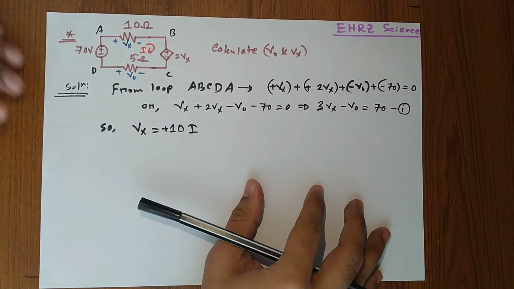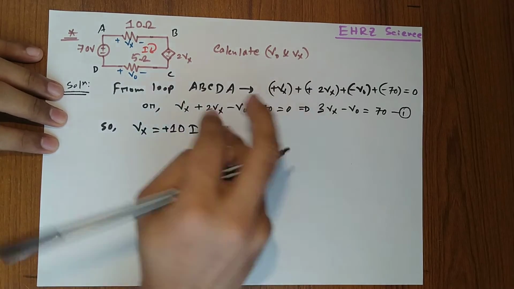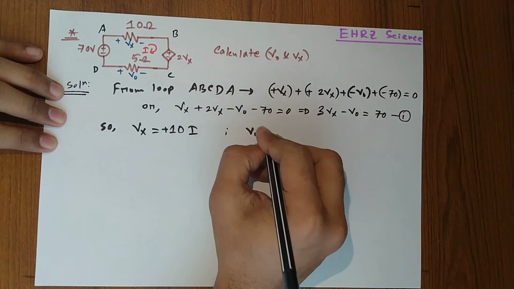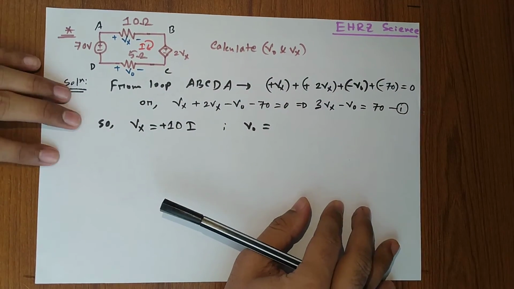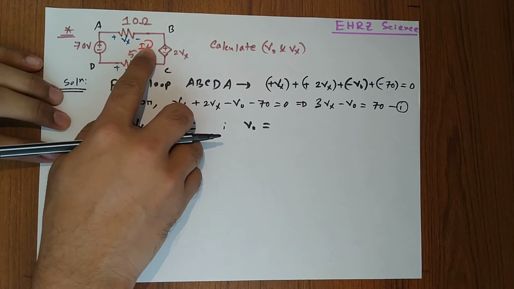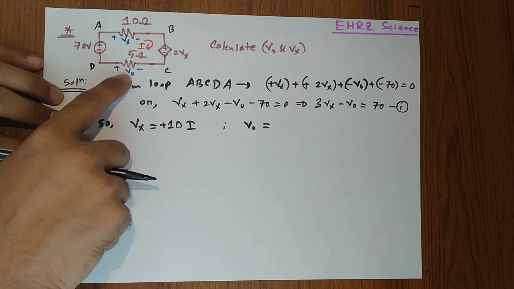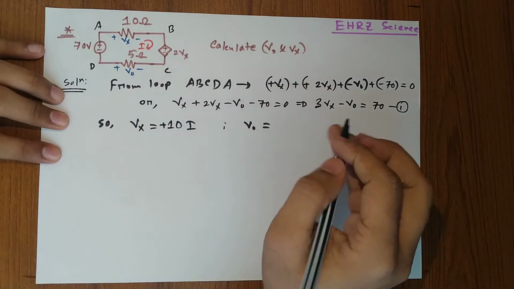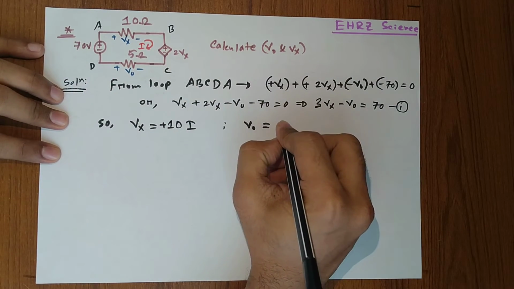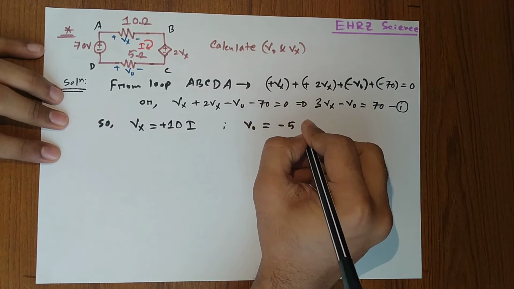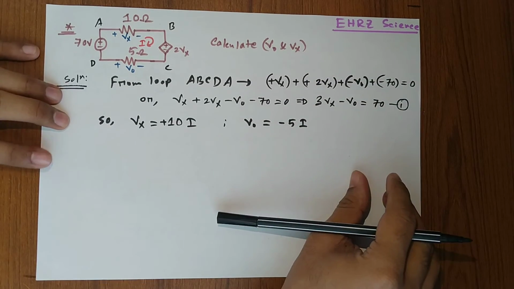Now similarly, what is V0, students? We know that this same current I is entering the negative terminal of the 5 ohm resistor, so V0 is equal to minus 5I.